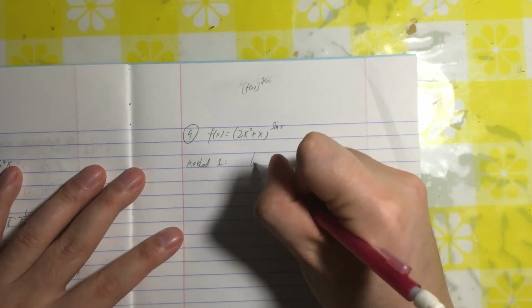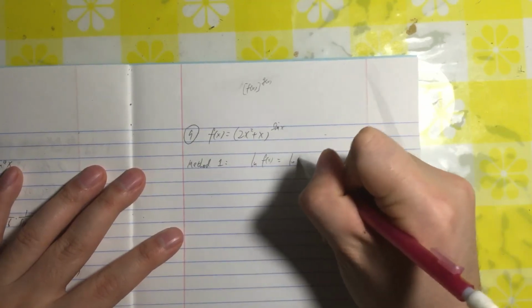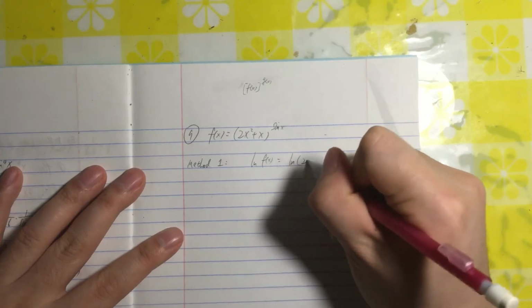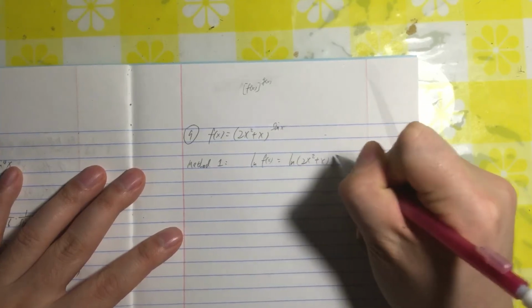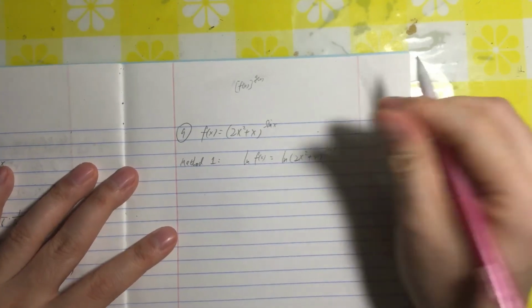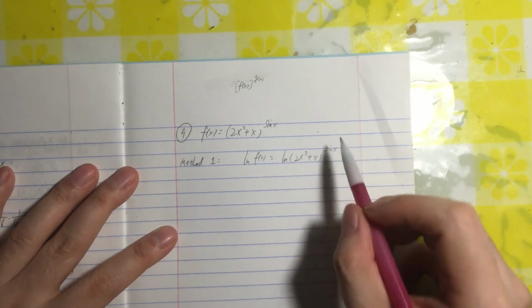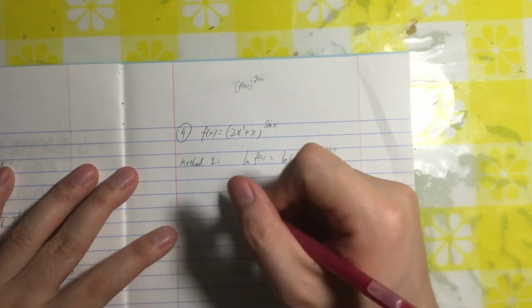I get ln of f of x equal to ln of 2x squared plus x to the power of sine x. Then simplify the right side. By the law of logarithm, we can bring the exponent to the front.